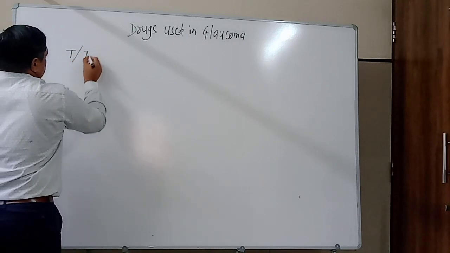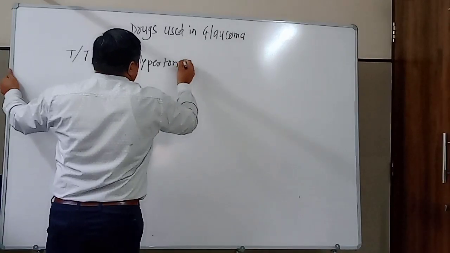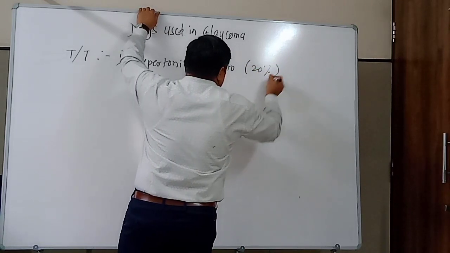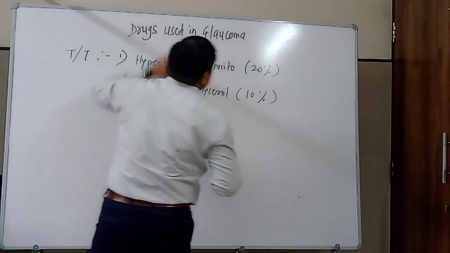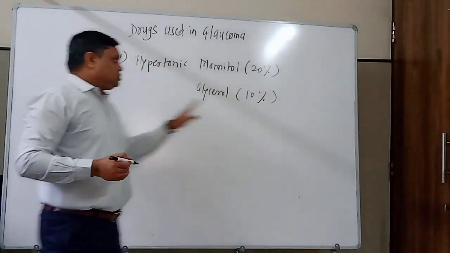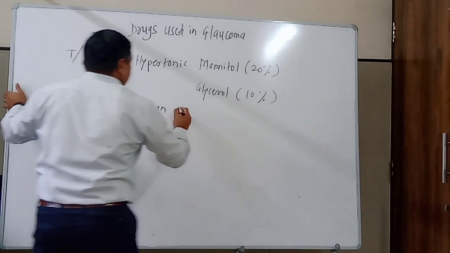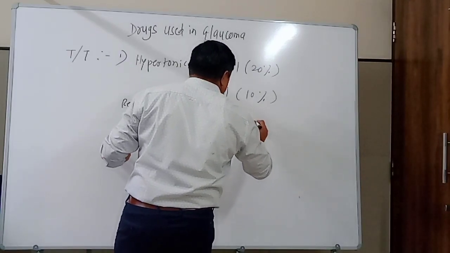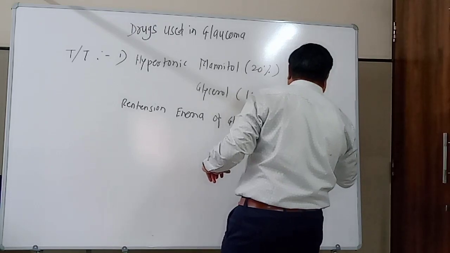Treatment of acute congestive glaucoma. First is hypertonic solutions: mannitol 20% and glycerol 10% are used, and in some cases a retention enema of glycerin 50% is also used.